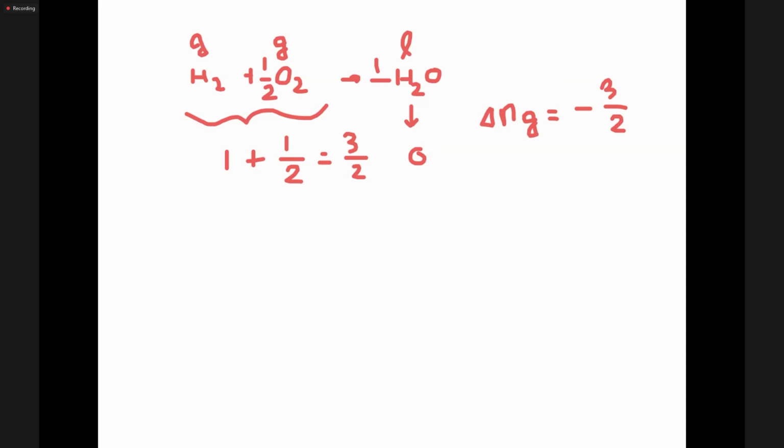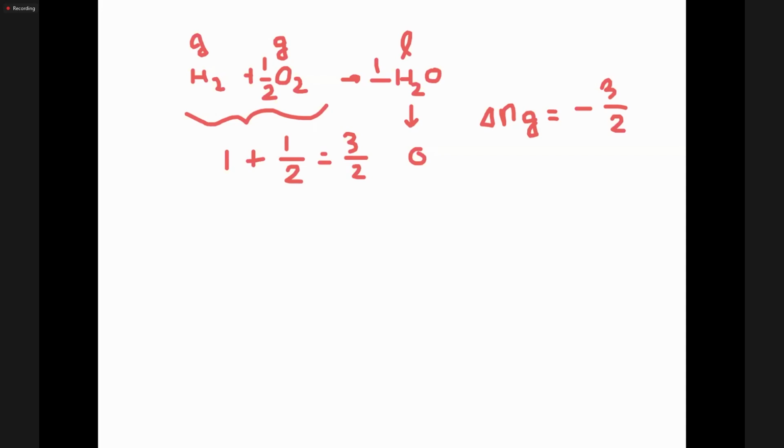We are obtaining 1 mole of water. You know that 1 mole of water corresponds to 18 grams, which is around 18 ml. So the volume is so small in comparison to that of the reactants, because in case of gases the volume is much higher, but in case of liquid the volume is very much less.